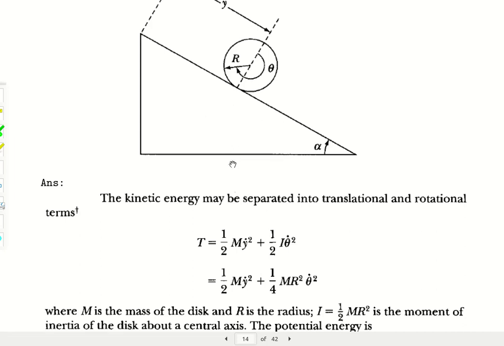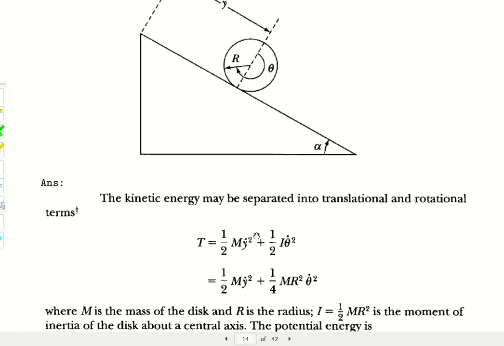So the kinetic energy of the rigid body is of two types: one is the energy of the CM, and the second part is the rotational energy. The energy of the CM is half m y dot square, and the second part is half I theta dot square, where I is the moment of inertia for the rotation with respect to the axis of the cylinder.